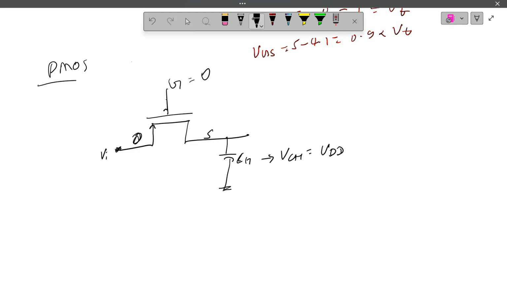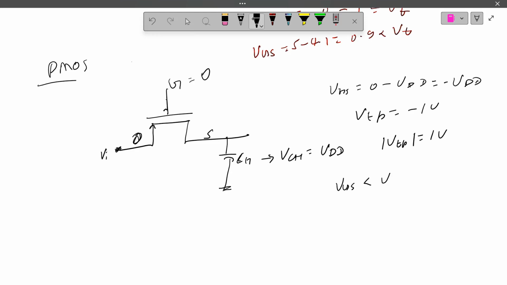So in this case, how much is VGS? 0 minus VDD, so minus VDD. And VTP, let's assume minus 1 volt. Magnitude of VTP is 1 volt, right? So VGS is less than VTP.